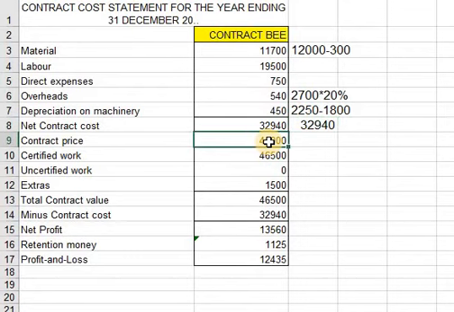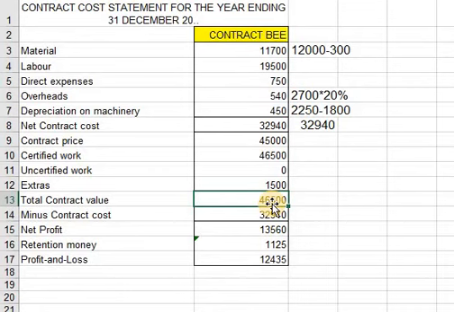You're told that the contract price was 45,000, but we did certified work of 46,500. Uncertified was 0. You were told work completed but not certified is 0. Extras, you were told that it's 1.5, so that's extra that we did. So the value of the contract would be the certified work that we did.